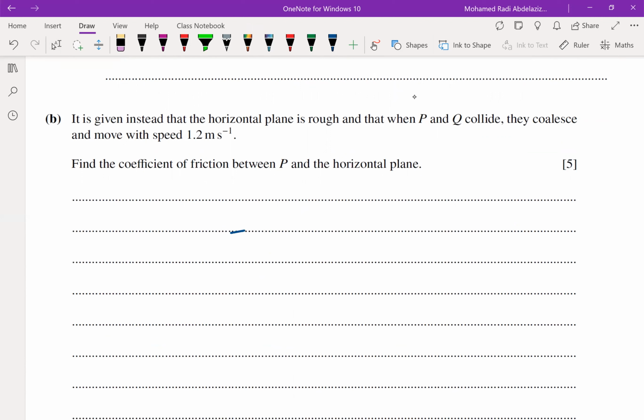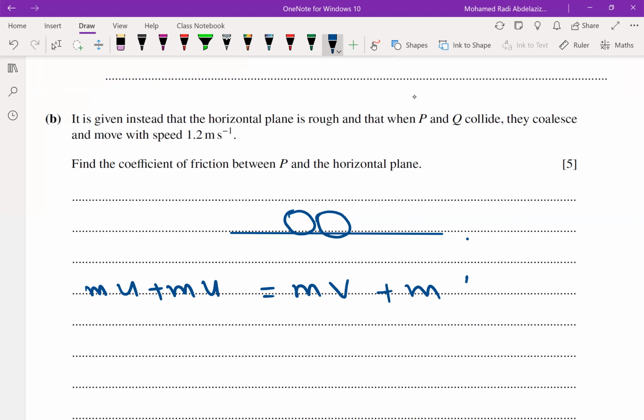Before the collision, we don't have the velocity of particle P, but we have the velocity of particle Q. Again, mu plus mu is equal to mv plus mv, particle P, particle Q. Apply the equation.